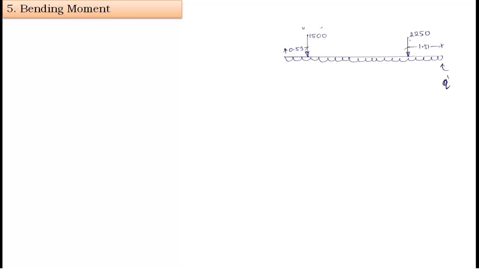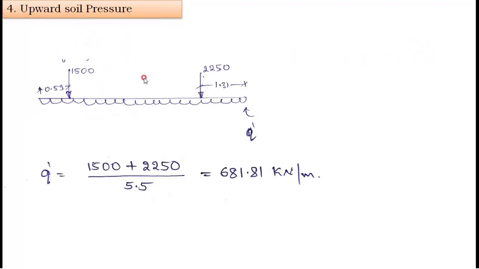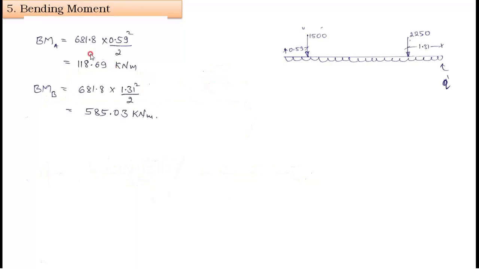Considering that, I will draw the bending moment diagram. For the projected overhanging portion, the bending moment looks like a cantilever, therefore it is WL square by 2, which is 118.69.